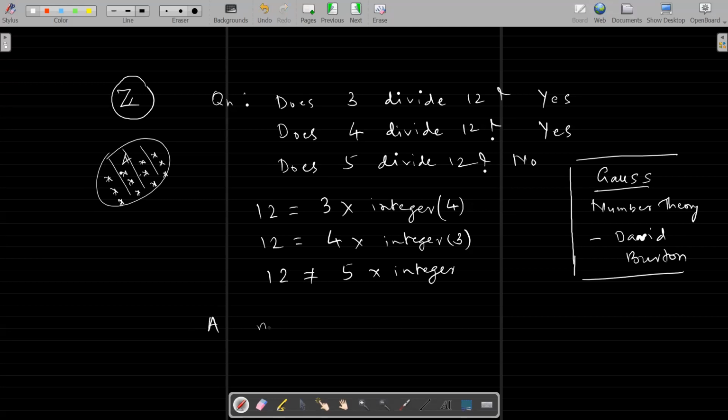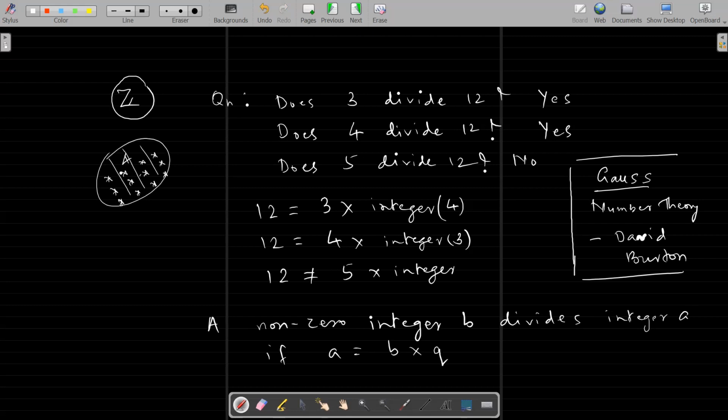So a non-zero integer B divides integer A if I can write A as B into some integer, B into some Q. I write Q for quotient, for some integer Q. All of you agree with the definition?